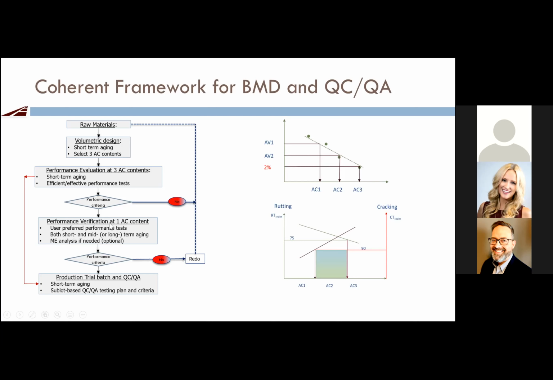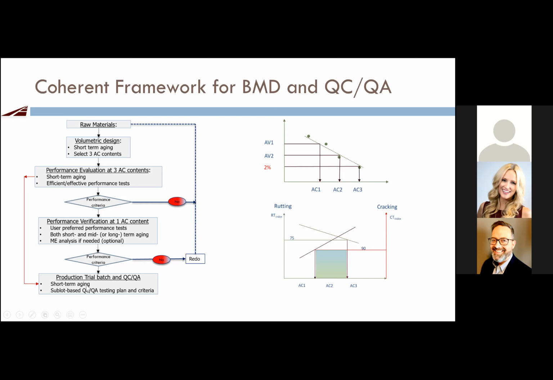And again, after you run your preferred test, look at the performance criteria, because we're not just talking about short-term aging, we're really talking about, for cracking, mid-term aging or long-term aging. So the performance criteria is different. So again, for this one asphalt content, if it passes these performance requirements, then you move to the production trial batch, or the QC/QA.